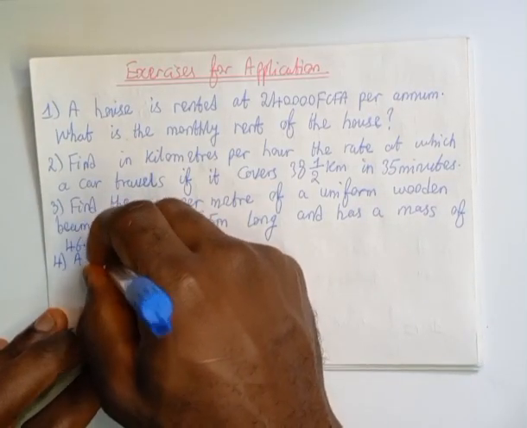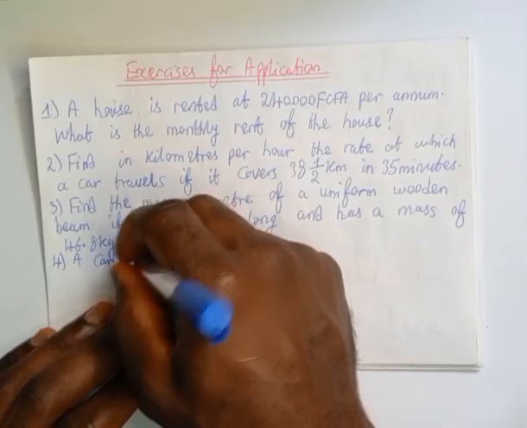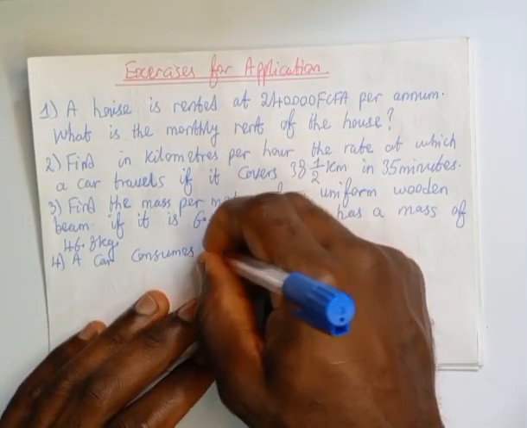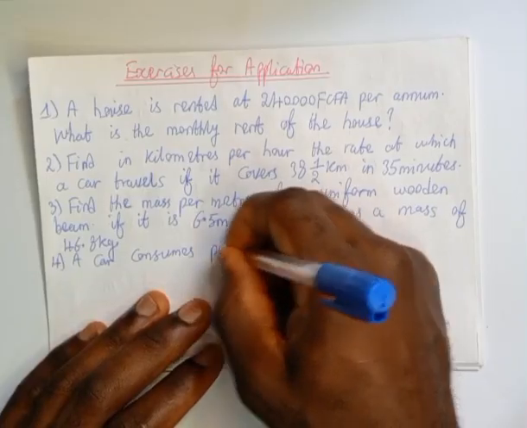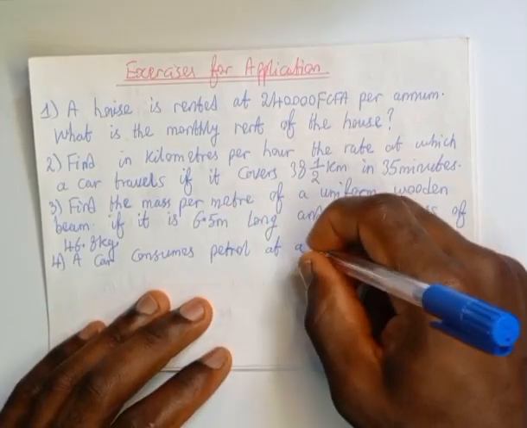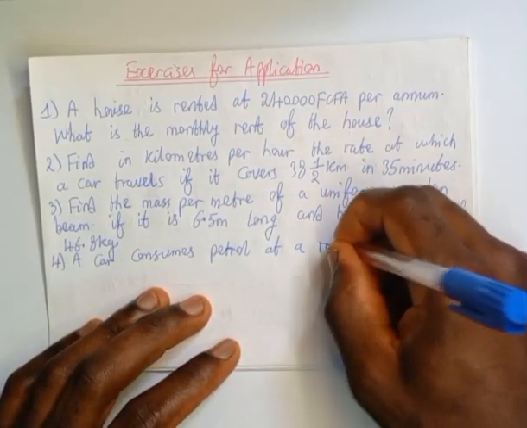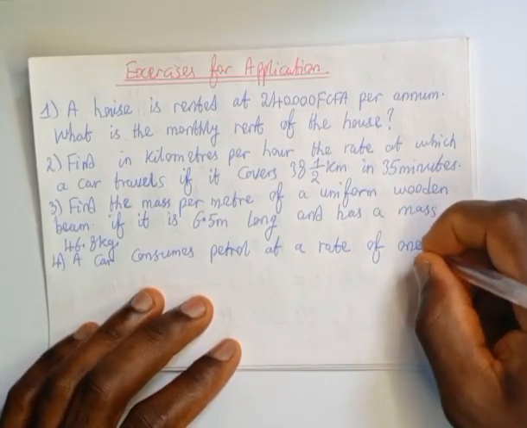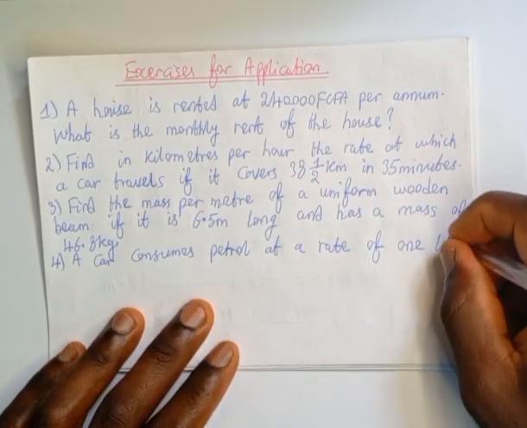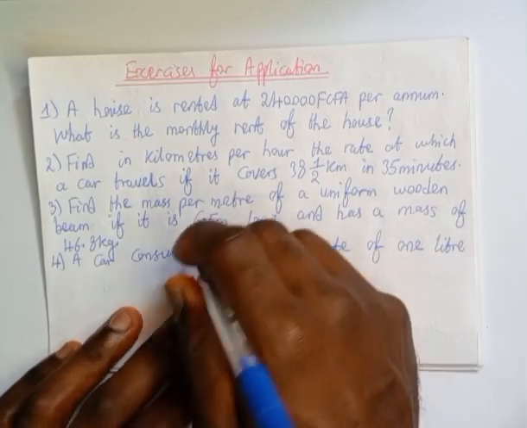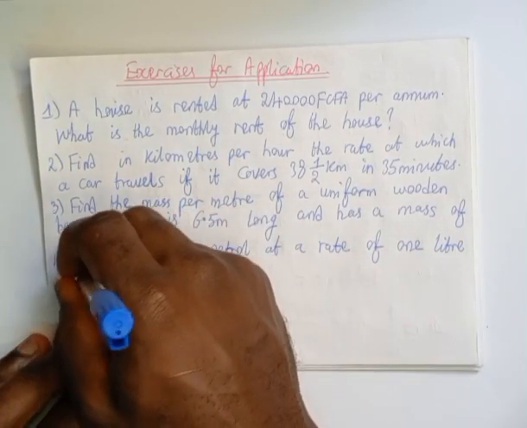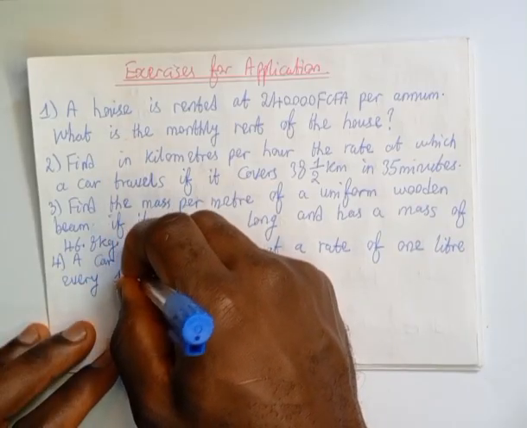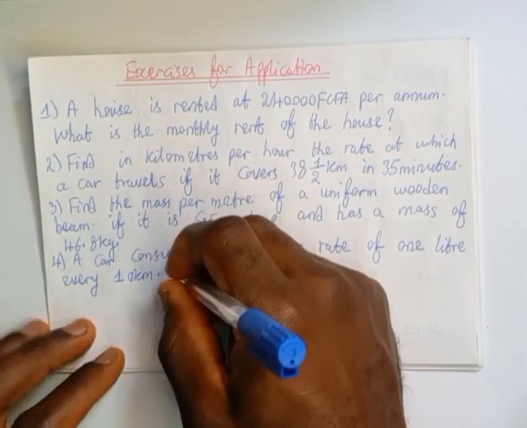Question 4. A car consumes petrol at a rate of 1 liter every 10 kilometers.